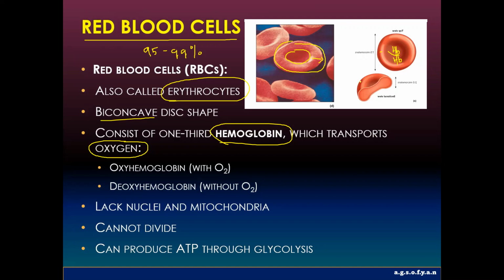So it means that red blood cells have to be made all the time. Every 120 days, one red blood cell will be broken down and another one will be produced. So they do not have a nucleus, and they carry oxygen by this protein called hemoglobin, or HB.